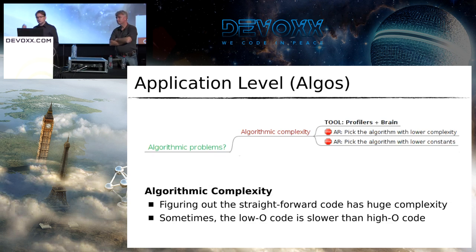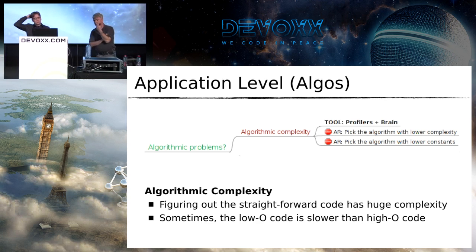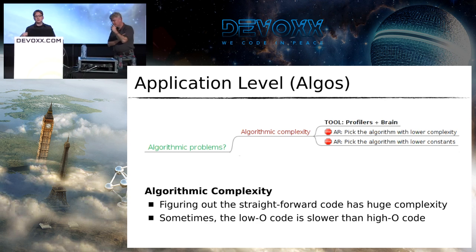Right. So algorithmic complexity, you should probably prefer the low O code instead of high O code, but you have to be really careful about this, because even in computer science, everyone would tell you that the O notation is actually chewing up the constants. So it may turn out that on the lower problem sizes, your high O code is actually faster than your low O code.